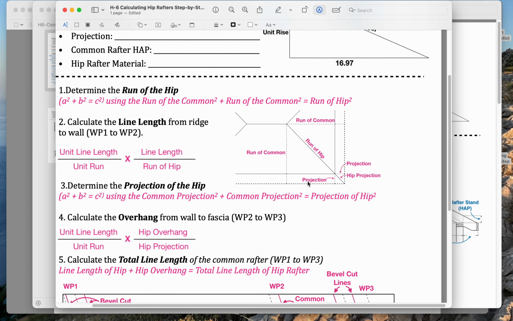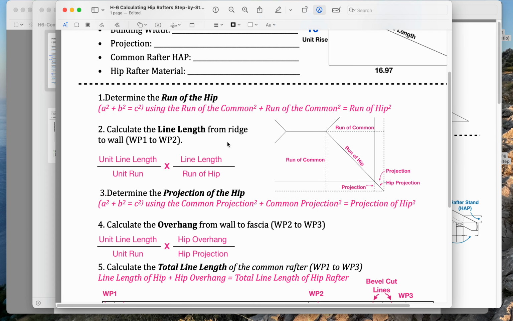All right, so we have 141 inches squared plus 141 inches squared, and then we square root that for our a squared plus b squared equals c squared, and we get an answer of 199.40 inches.